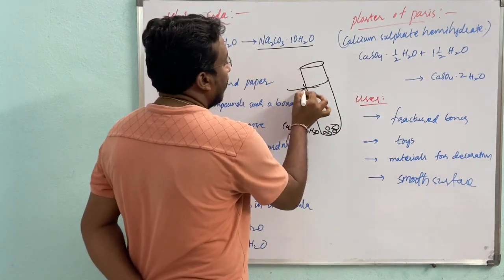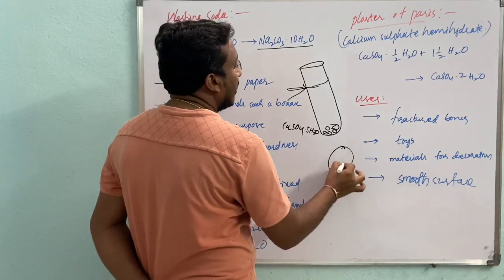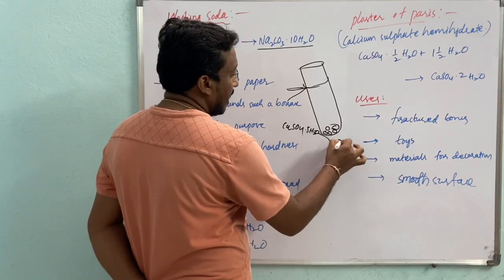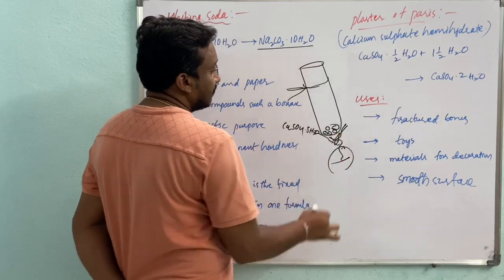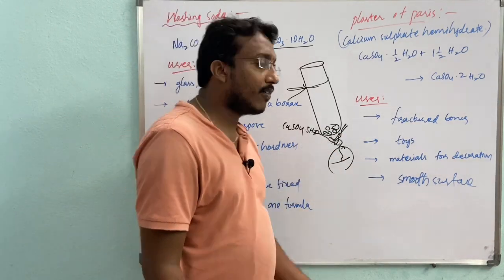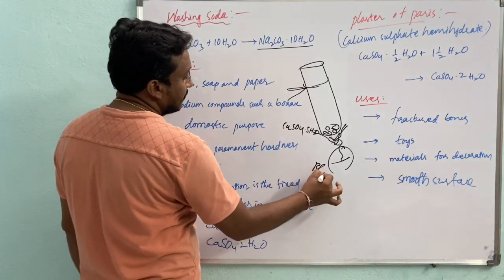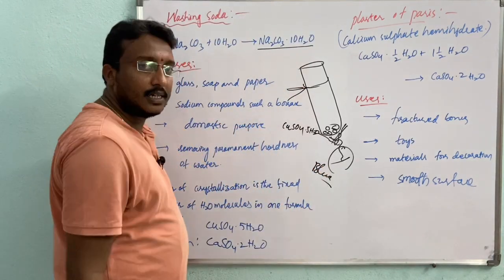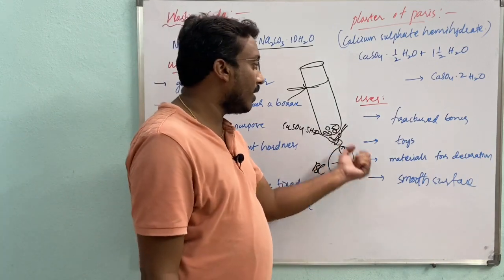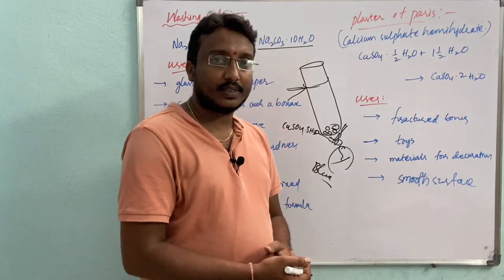Hold it with the help of a test tube holder, and heat the test tube with the help of the burner. Before heating, observe the color of copper sulfate. It is blue in color. Then while heating, what will you observe?